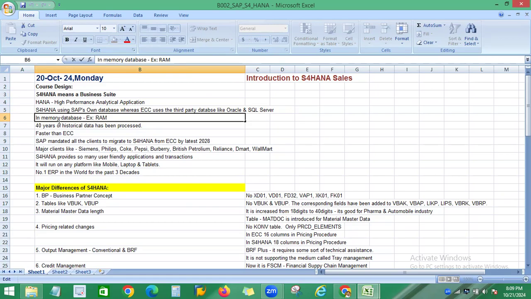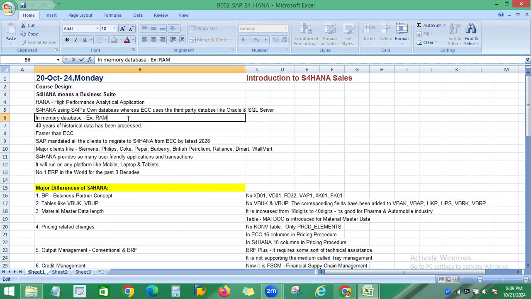If we have more RAM, we can consider that mobile highly efficient and fast. Similarly, whatever database is there in SAP S4 HANA is an in-memory database, that is, the RAM. So SAP uses RAM memory to store the data.